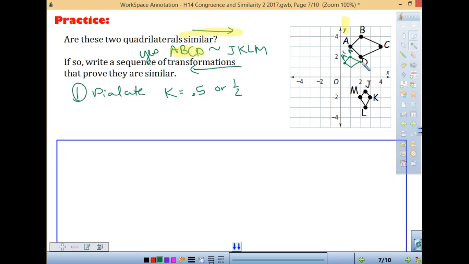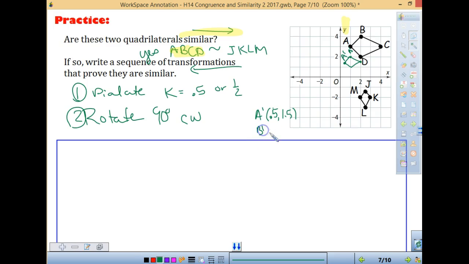Once I've drawn that one, what does it look like I have to do? What do you think, Malcolm? What's my next step on that one? Because I have it facing this way with the kite, and I need to turn it and get it this way. Rotate it 90 degrees clockwise. So I look at this point A prime that I have, and A prime was actually located, we said, at 0.5 and 1.5.